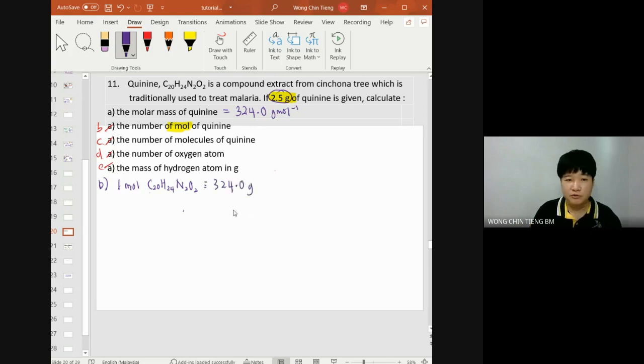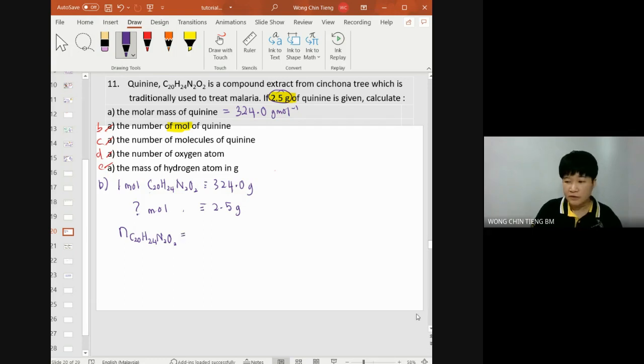Dalam makmal, lab assistant bagi 2.5 gram je. Sama dengan berapa mole of quinine? Kamu akan dapat number of mole quinine calculated, n of quinine. Cara yang paling senang nak tulis, n huruf kecil. Lepas tu formula tu tulis kat bawah.